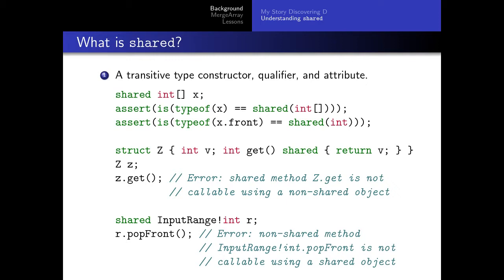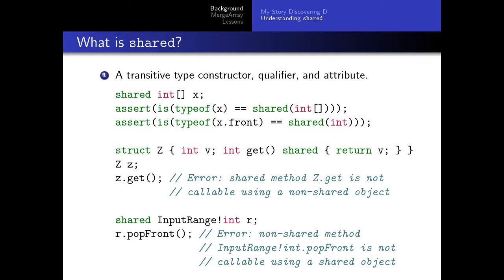And the reason that you can tag methods with shared and types with shared is so that you can distinguish between the two different types at compile time. So here was struct Z, and it has a value and a get method that is labeled as shared.